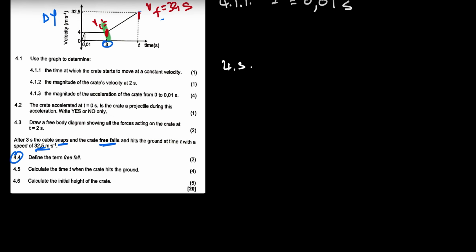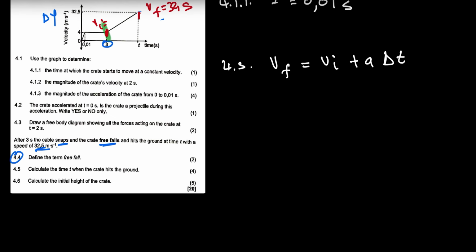We also have the acceleration, because this is a free fall. That means the acceleration is 9.8 meters per second squared downwards. So to get the time, we can use the first equation of motion: the final velocity is equal to the initial velocity plus acceleration multiplied by change in time.